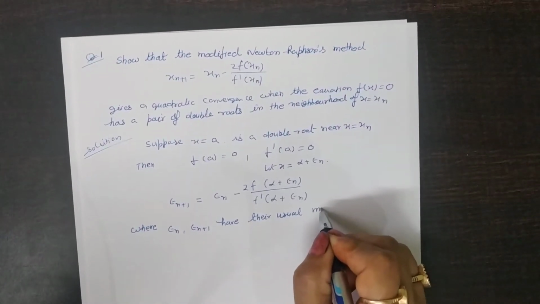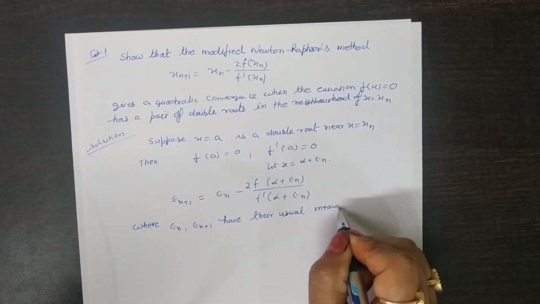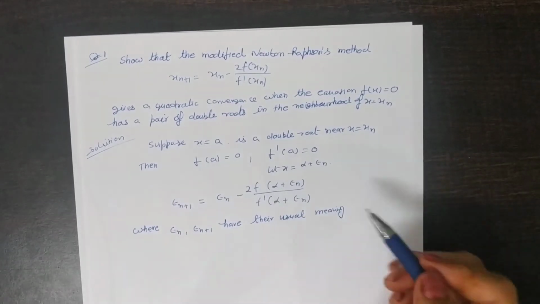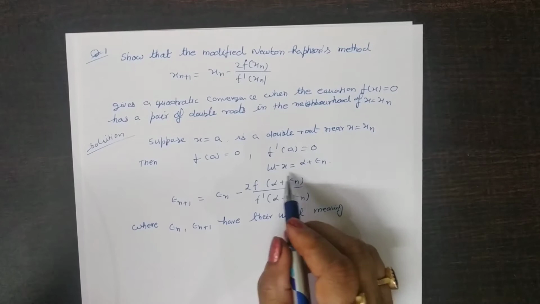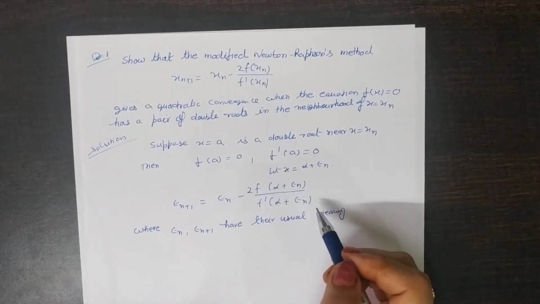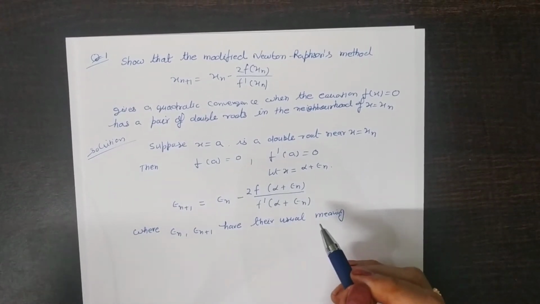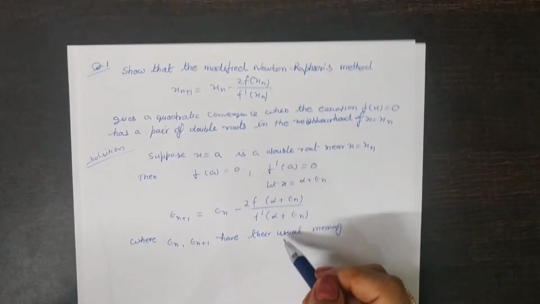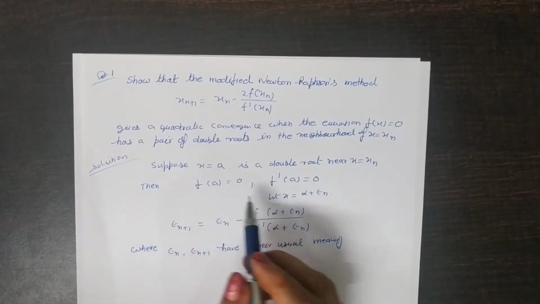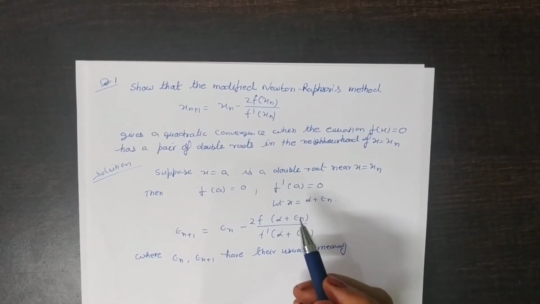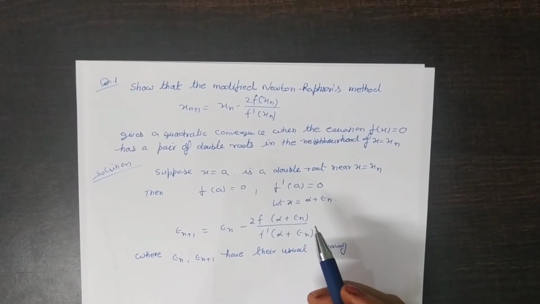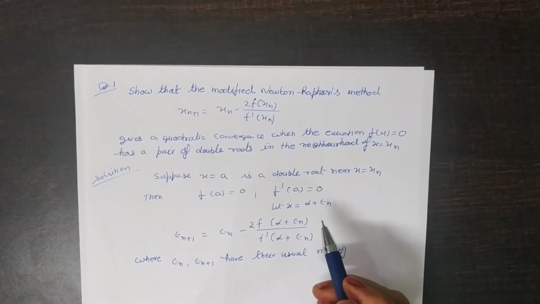It is not necessary that you define epsilon(n) again. Now expanding the numerator and the denominator terms by the Taylor series and taking f(a) = 0 and f'(a) = 0, you can apply this method and obtain the result.